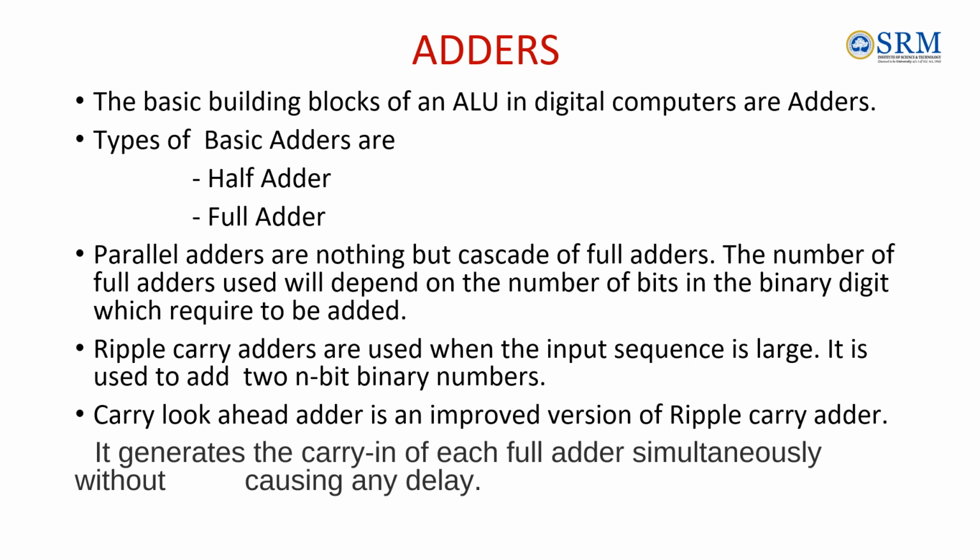Typically the basic adders are half adder and full adder. Parallel adders are nothing but a cascade of full adders. The number of full adders used will depend on the number of bits needed to generate a binary number. Ripple carry adders are used when the input sequence is large and it is used to add two n-bit numbers. Carry lookahead is an improved version of a ripple carry adder.